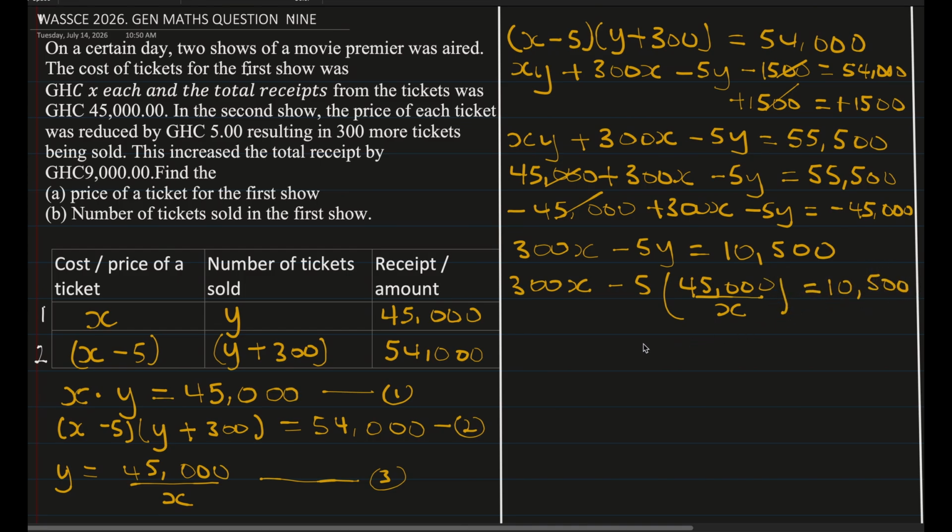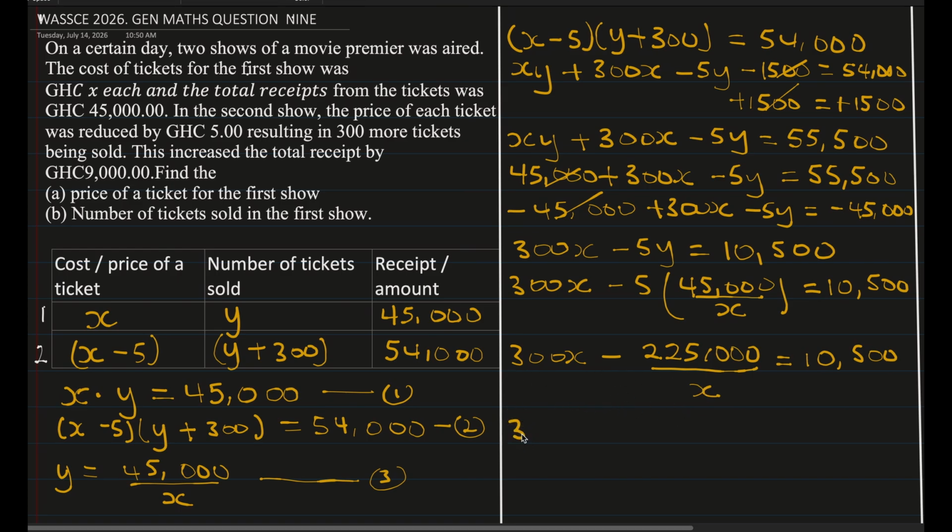All right. At this point, we will multiply 5 by 45,000. So let's do that. And we have 300X minus, when we multiply, we are getting 225,000 all on X is equal to 10,500.